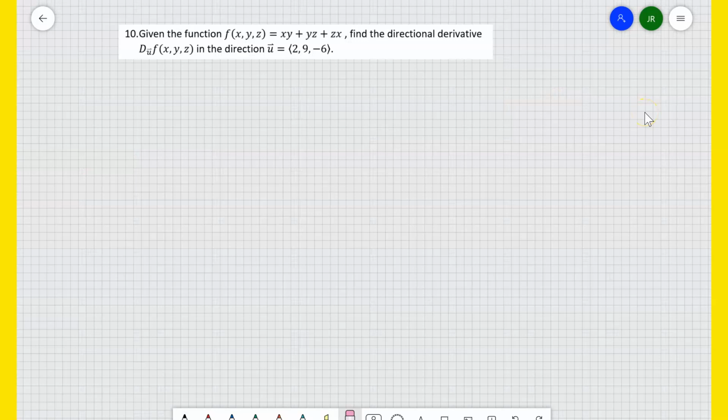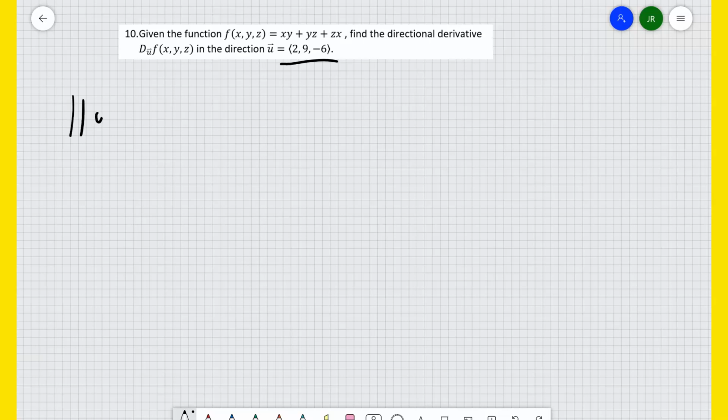Alright, number 10, we're finding the directional derivative. That means we're finding the derivative or the slope in a particular direction on this surface. So the way that we will do that is we will first find the unit vector for u. U is not a unit vector at the moment. We're going to turn it into a unit vector by first finding the length of it.